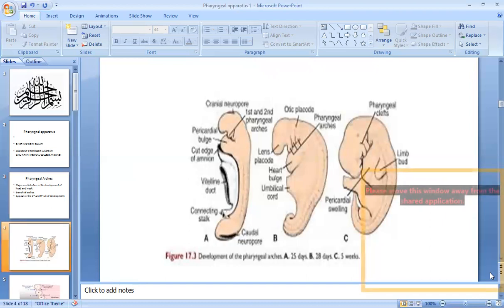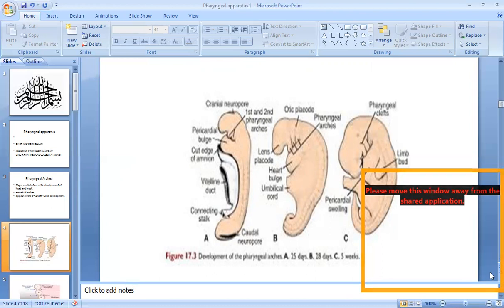If you concentrate on this diagram, this is a diagram of the embryo. This is a longitudinal section. The upper one is the cranial region and the lower one is the caudal region.